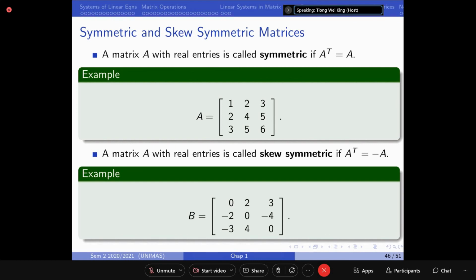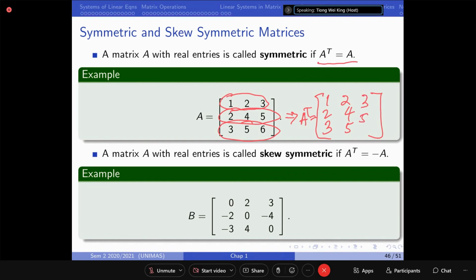A matrix A with real entries is called symmetric if A transpose equals A. If you look at the example here, given A, if you want to find A transpose, remember our rows become columns: 1, 2, 3, 2, 4, 5, then 3, 5, 6.